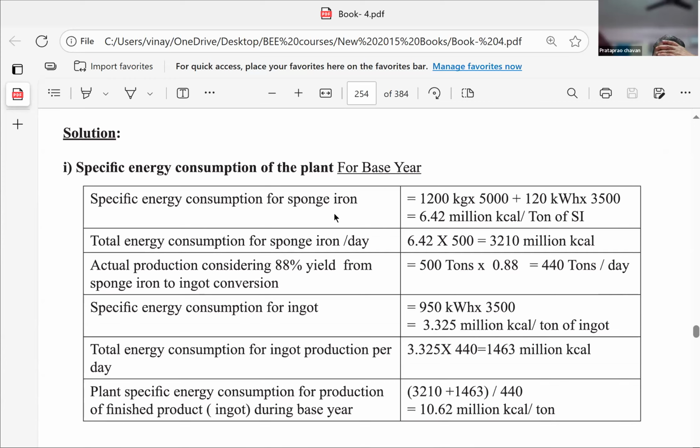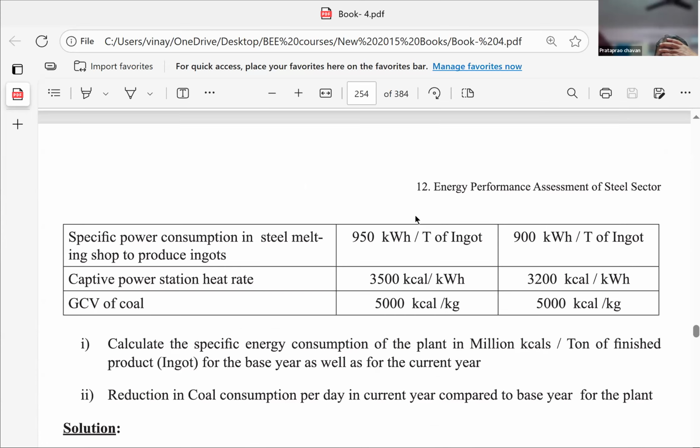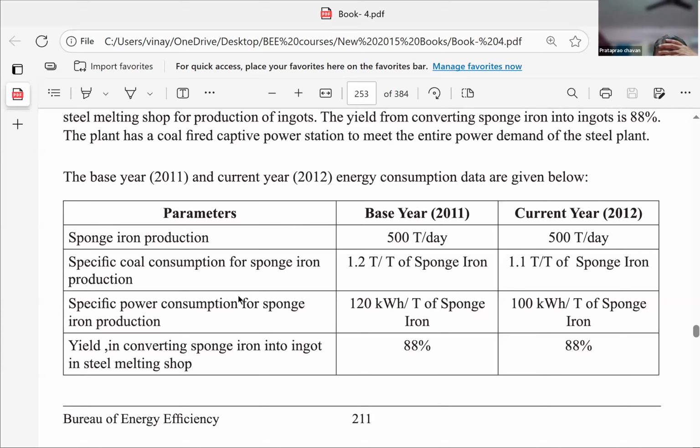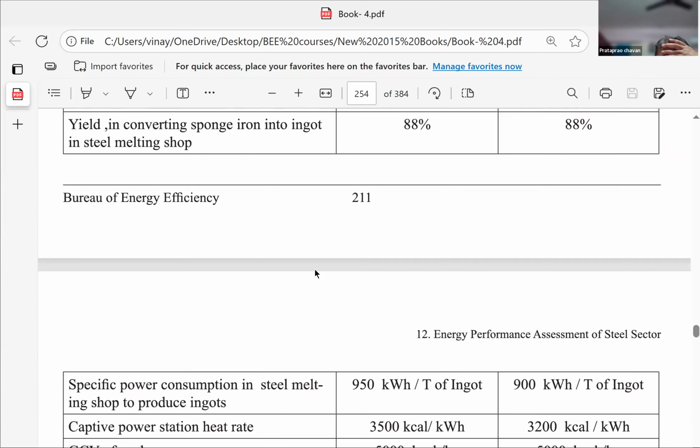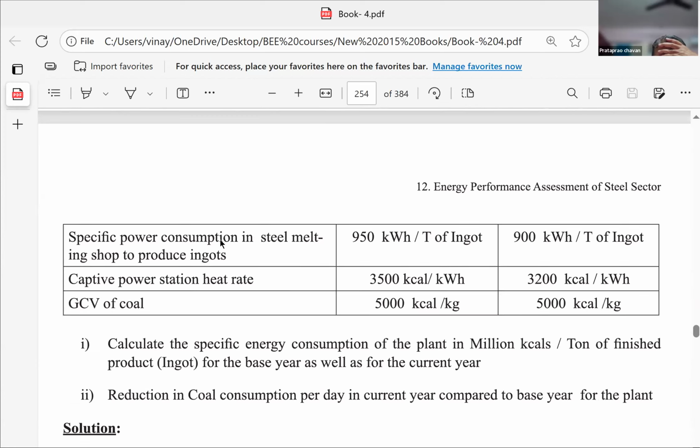Specific energy consumption for sponge iron was what? 1200 kg into 5000 plus 120 kWh multiplied by 3500 is equal to 6.2 million kilocalories per ton of steel. Two processes are described, one for sponge iron and one for the finished product, specific consumption for ingots.